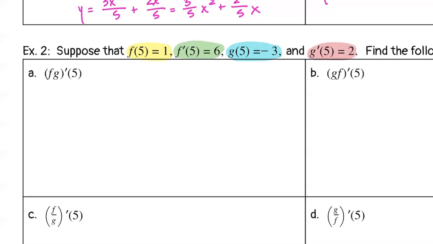So now that we've looked at that, let's take a look at question A. Question A says (fg) derivative of 5. I'm wondering if you can tell me what rule they're hoping that we use in order to find the derivative. All right, I see one guess in the chat. What are our other thoughts?